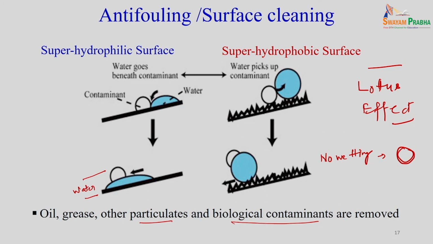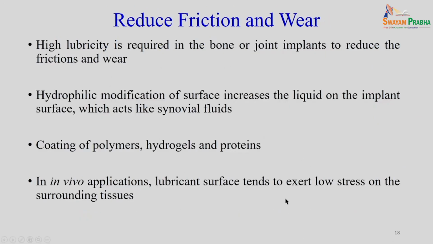One example is we use non-wetting cloths for different biomedical applications as well as, let us say, for the raincoat. So, there will be no wetting, and these surfaces have the self-cleaning property. Apart from that, especially for the joints, we need to reduce the friction and the wear.